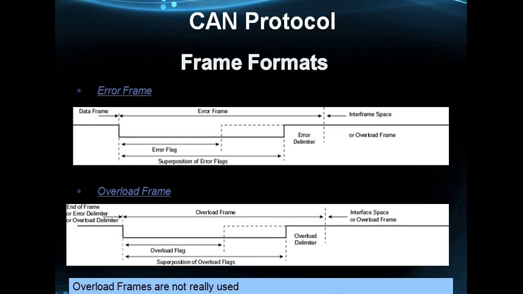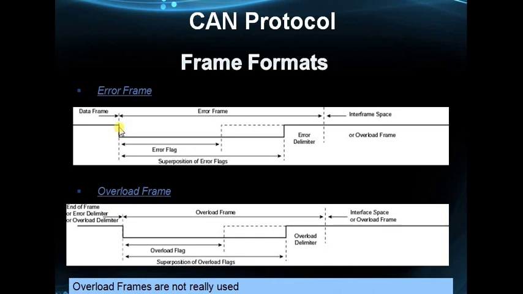Why does it happen in CAN? Why is it a superposition of all error frames? Because in CAN there is a concept, as I just explained, called bit stuffing. No node is allowed to send 6 consecutive recessive or dominant bits. But the error frame itself is 6 consecutive dominant bits. So on receiving 6 consecutive dominant bits or 6 consecutive recessive bits, an error frame is generated.